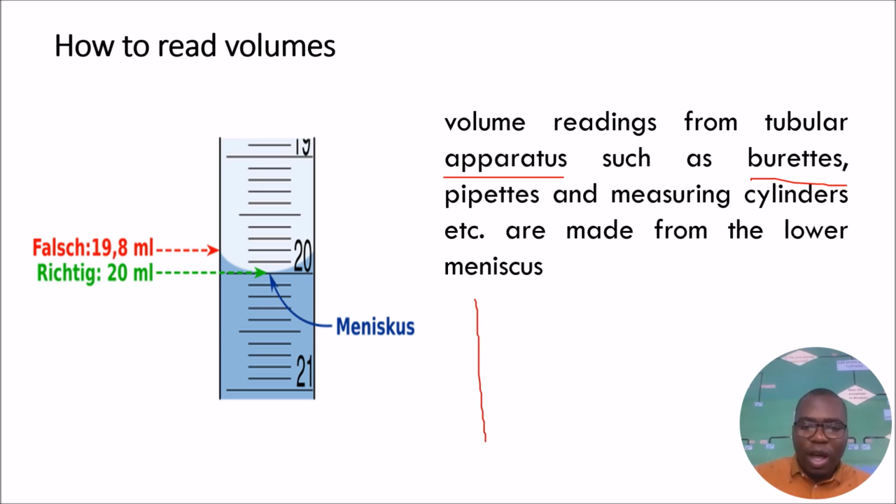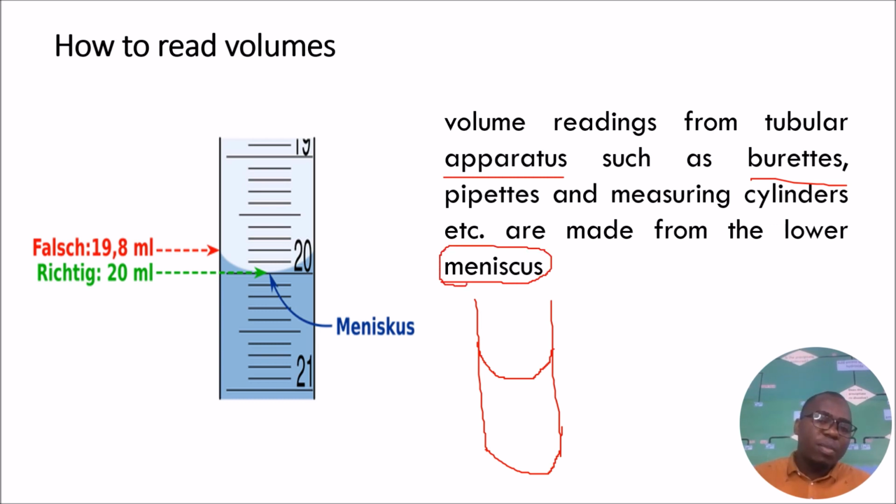When you pour a liquid into a tubular apparatus, the liquid forms a curve. It curves inwards like this, and this curve is what we call a meniscus.